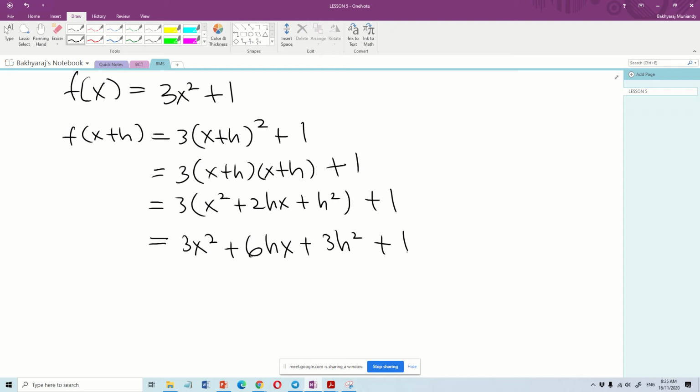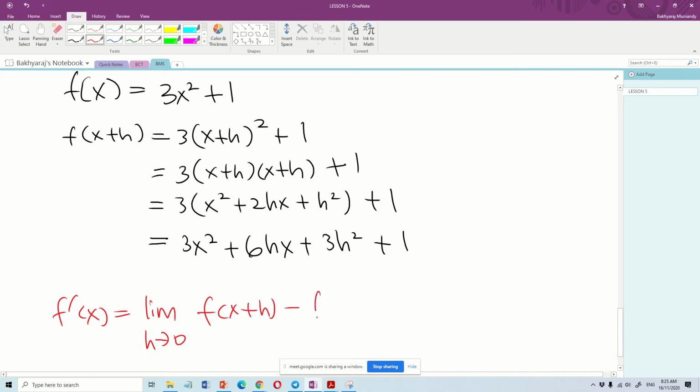Okay, so get the formula. Formula is what? Limit h approaches 0. Okay, function f prime x equal limit h approaches 0 for the function f(x plus h) minus f(x) divided by h. Get the formula, easier to go.